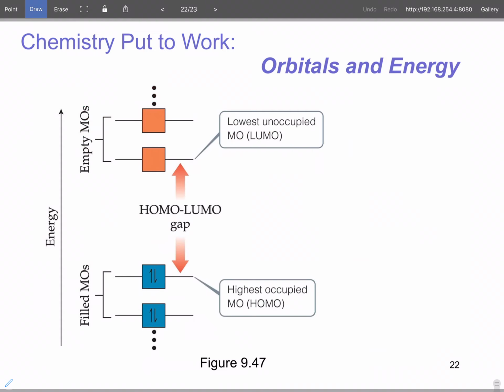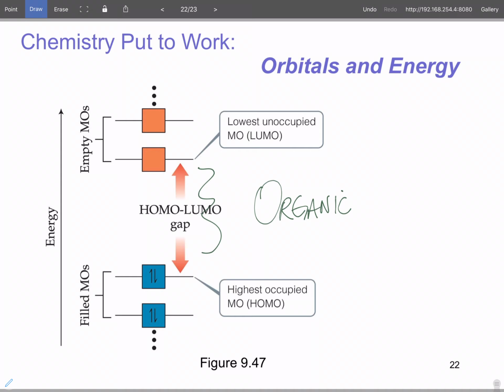This is chemistry put to work, orbitals and energy. This talks about HOMO and LUMO, which is very critical in organic chemistry. And what it means is LUMO is the lowest unoccupied molecular orbital. HOMO is the highest occupied molecular orbital. And this gap in between these two positions allows you to measure the energy transfer.